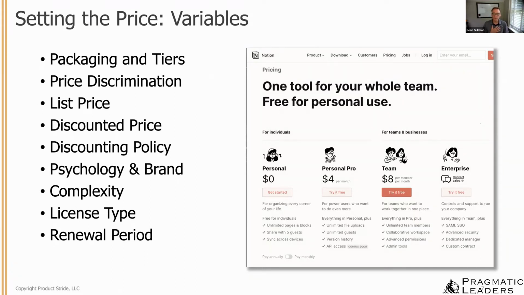So in my experience, it could be on a transaction volume level. It could be on the size of the company that you're selling to. If it's an HR system, it could be based on the number of employees. These different dimensions, if you will, are what we talk about when we say price discrimination.